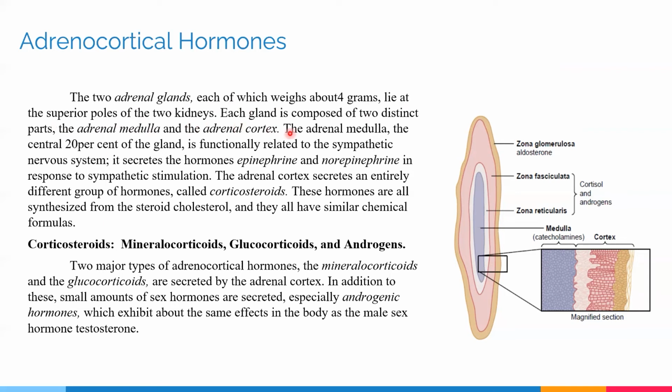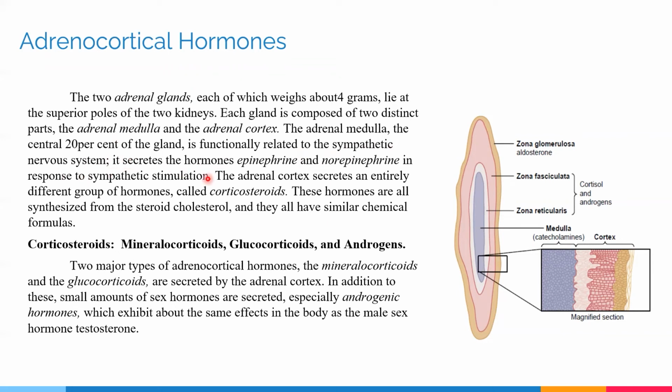Each gland is composed of two distinct parts: the adrenal medulla and the adrenal cortex. The adrenal medulla, the central 20% of the gland, is functionally related to the sympathetic nervous system.